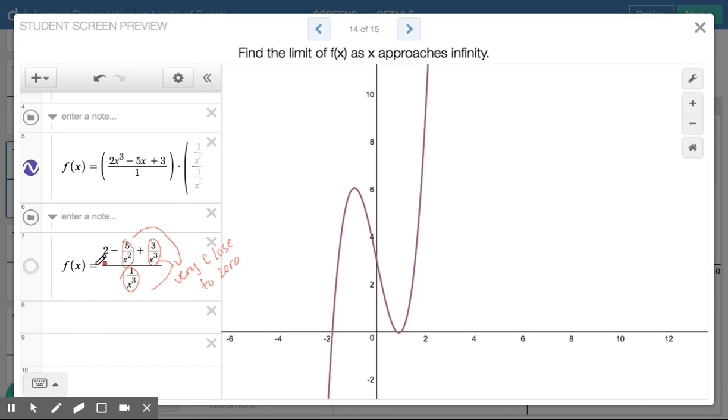So if we simplify the numerator, we go 2 minus something very close to 0 plus something very close to 0, then the numerator will be 2. So we'll have here f of x is equal to a number very close to 2, over a number very close to 0.